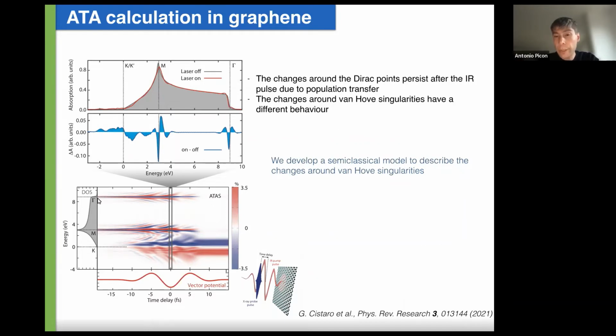Actually, we were not populating it, because we can see the electron density, and we are really not populating this gamma point. So how are we introducing these changes in the absorption? This is going to be a little bit related to what I started to show in the helium experiment.